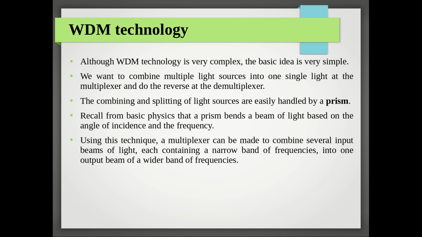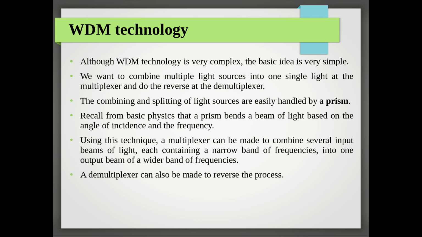Of course the output will be the combined one, so that provides a wide band of frequency, but the sources send the information in a very narrow band. So such narrow band frequencies from each source are combined together using a prism into a wide band frequency, and at the receiver side again using a prism, this wide band frequency containing the whole information will be demultiplexed back to narrow band information correctly into the respective receiver.